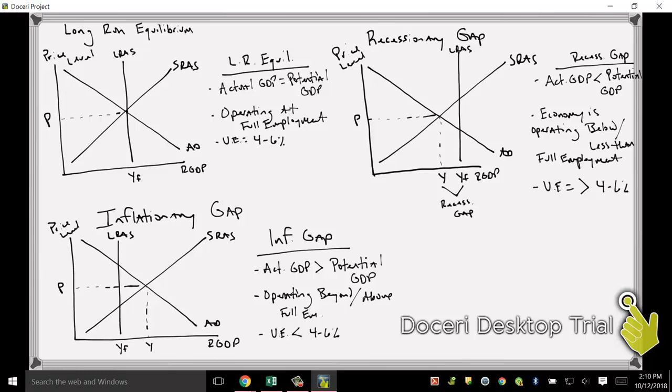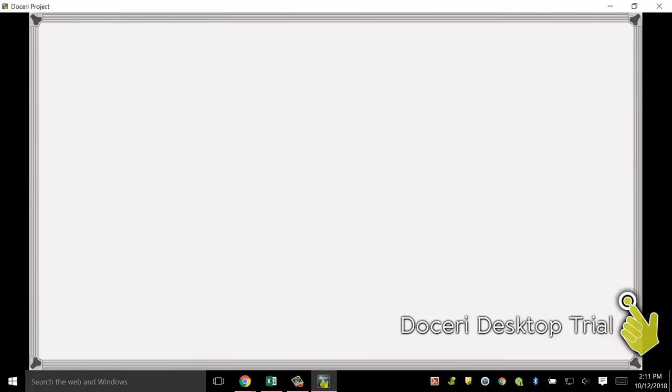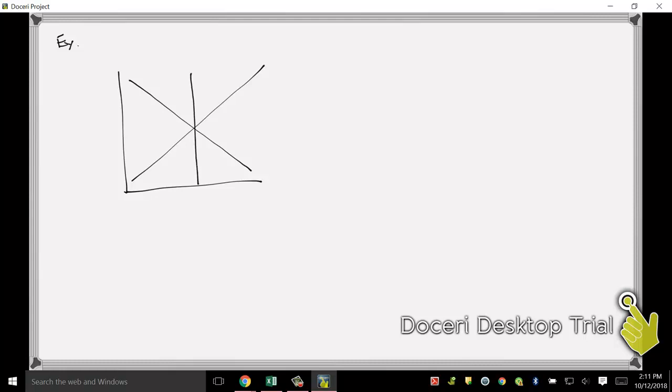And if I was going to give you an example, I would say that we have an economy that's operating at long-run equilibrium initially. So I set up just like this. We've got LRAS, we've got SRAS, we've got aggregate demand. We know this is our real GDP. It's our potential output.